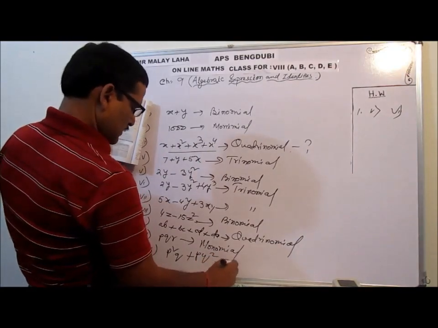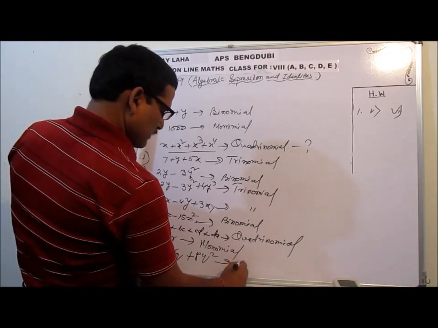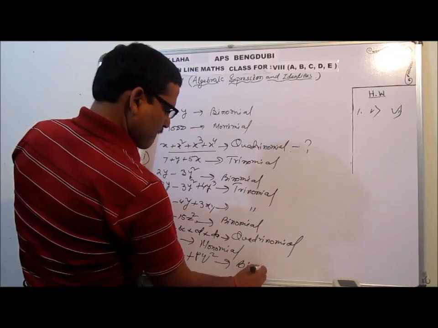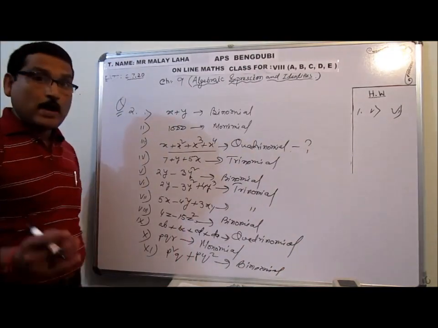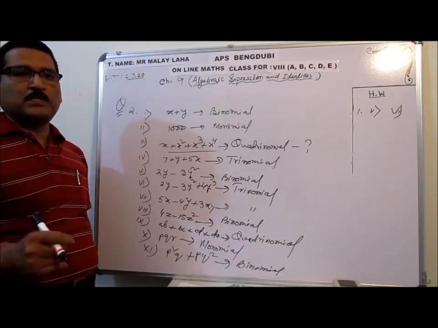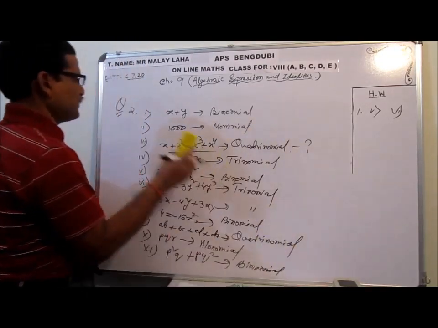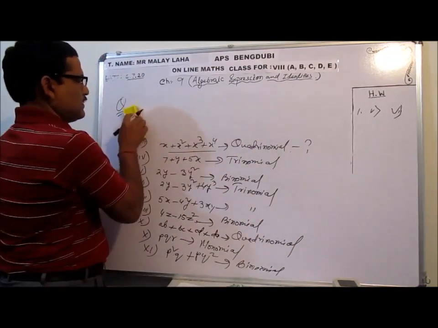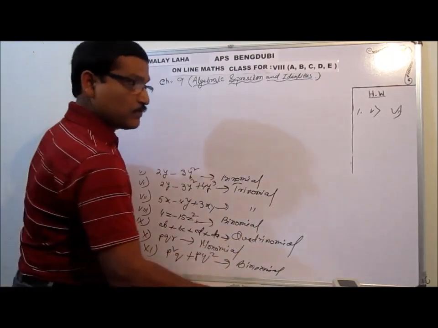Okay? It will be what? Binomial. Understood? We'll note down. Now I am giving from my side. You have to write down in your notebook what type of polynomial or expression it is. Just extra. I am showing you extra. You have to do it in your fair notebook. Okay?